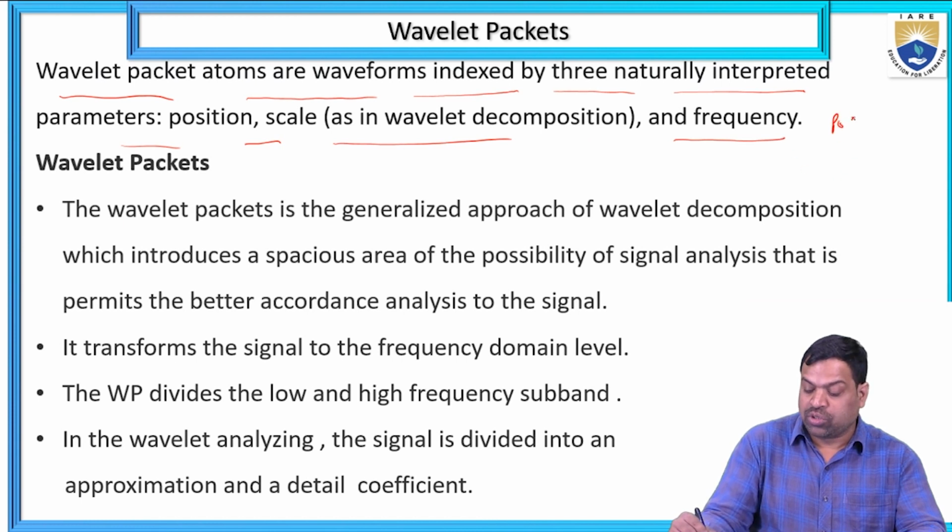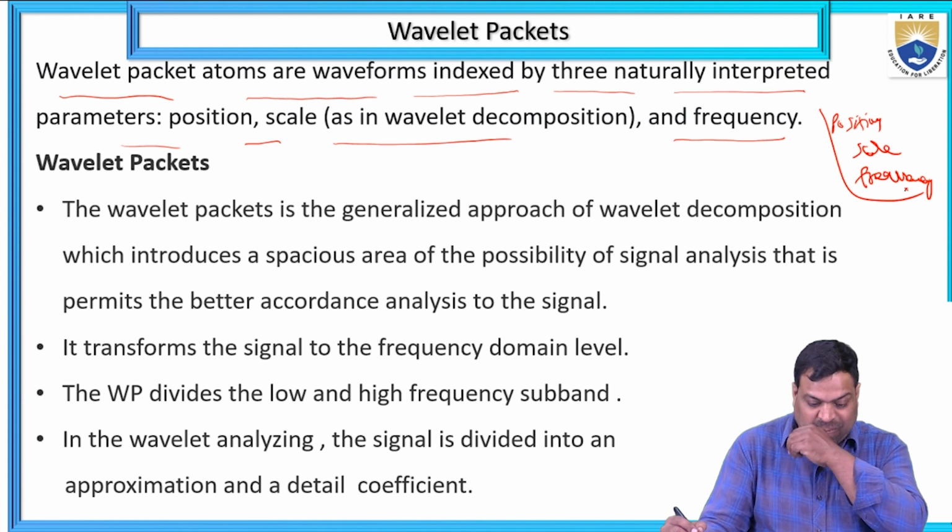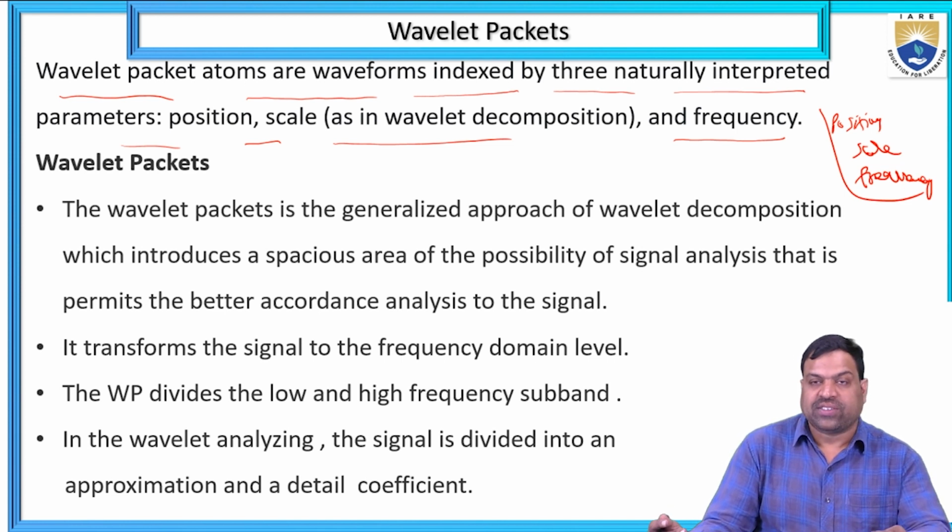So what are position, scale, and frequency, and why do we need them? Wavelet packets are mainly for image compression, but what are the parameters? Position means the position of the image, scale means the size of the image, and then there is the frequency of the image.